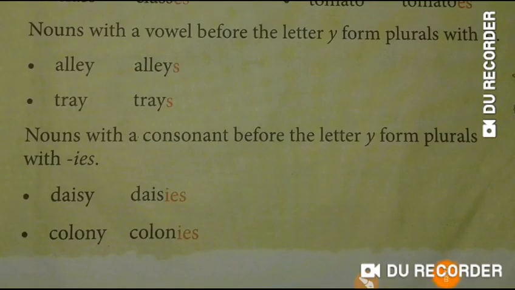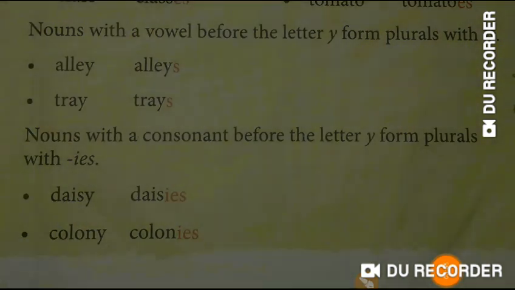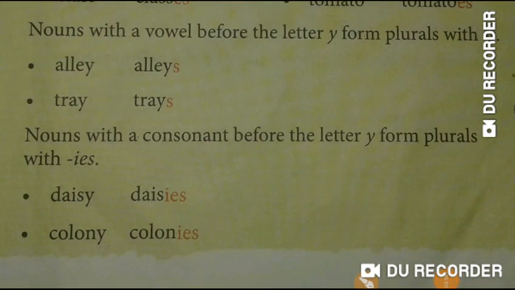If you see the last two letters, they are E and Y. E is a vowel and then it is Y. So this word ends with a vowel E and the letter Y. So to make its plural, we'll just add S to it. Then it will become alleys.